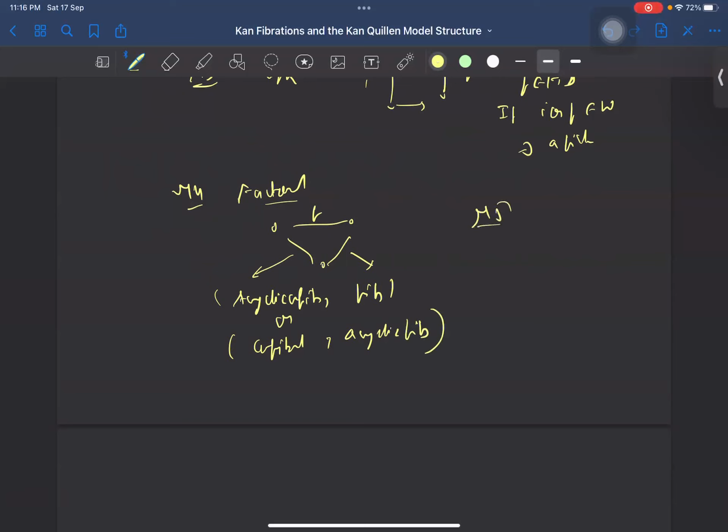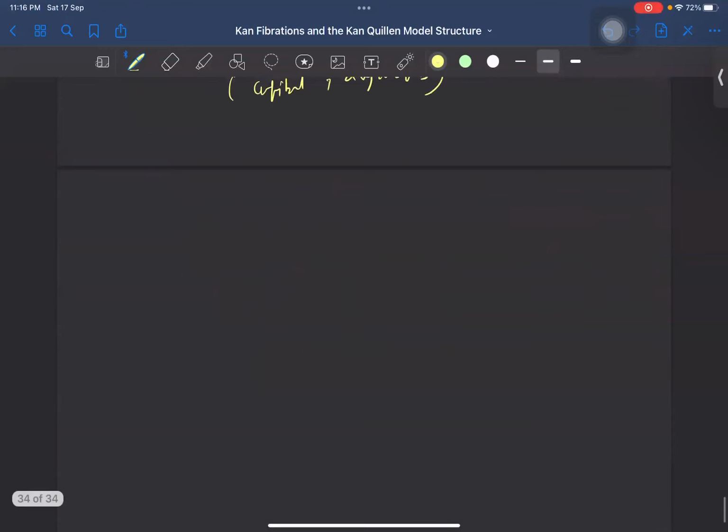My M5 would be about pushouts. So if this W is a weak equivalence, and so is this W. Dually, pushouts of a weak equivalence by a cofibration, and you can dually think of it in terms of a fibration.